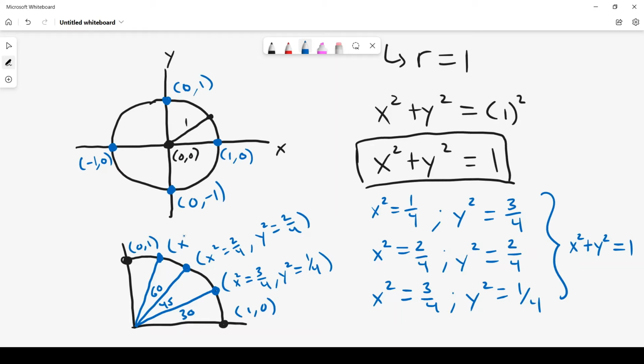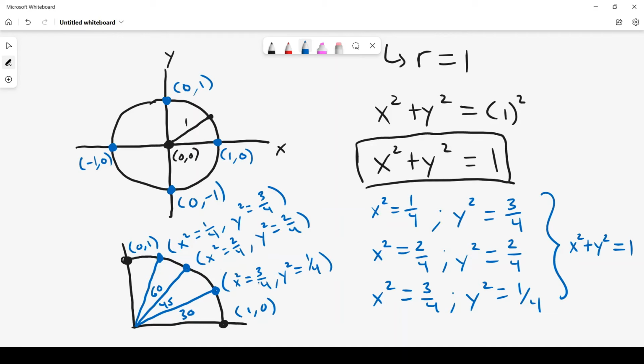This value right here would be x squared is equal to 1/4, because we're traveling only a little bit in the x, traveling more in the y. So y squared would be 3/4.